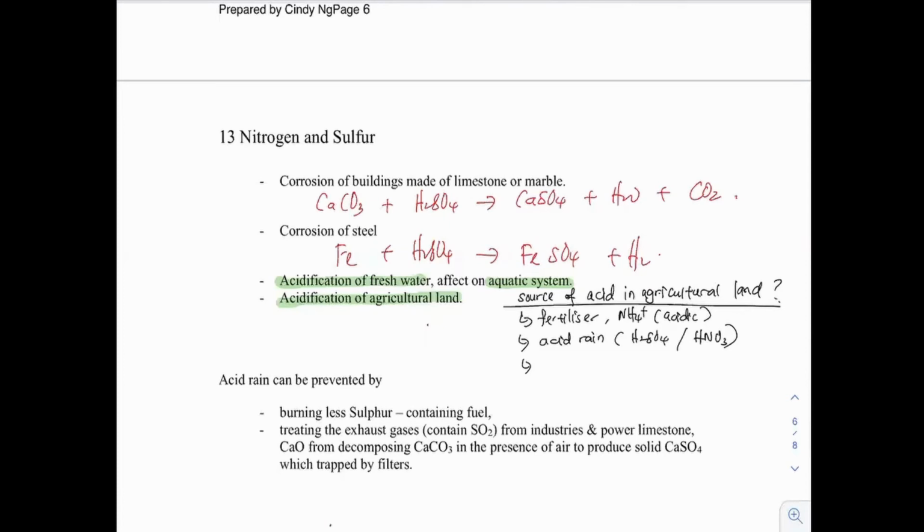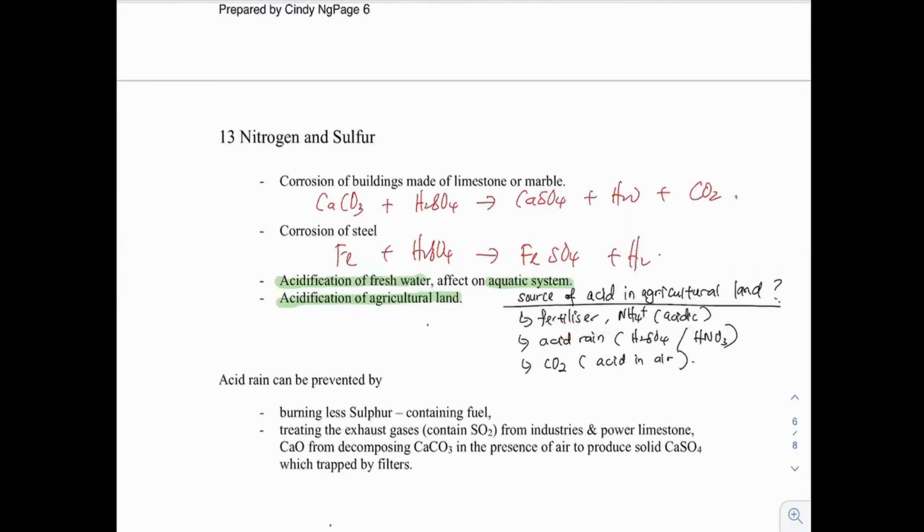We can also get it from the CO2. Why CO2? Because it is the acid in the air. The air is trapped in the soil, so we can see CO2 is there. These are the three sources of acid.